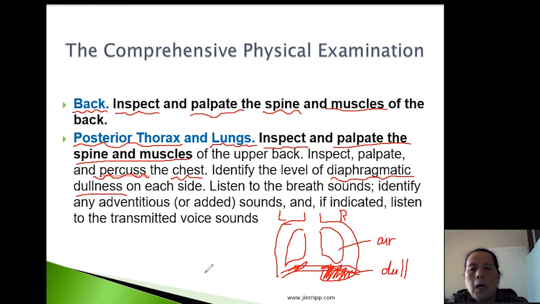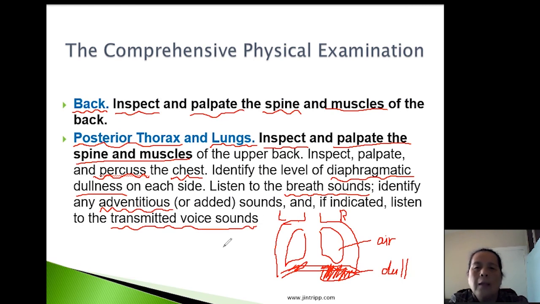And we also can use the scope to listen to the breathing sounds, and some normal or maybe abnormal sounds coming from the lung. We also hear the sound transmission coming from the lungs.